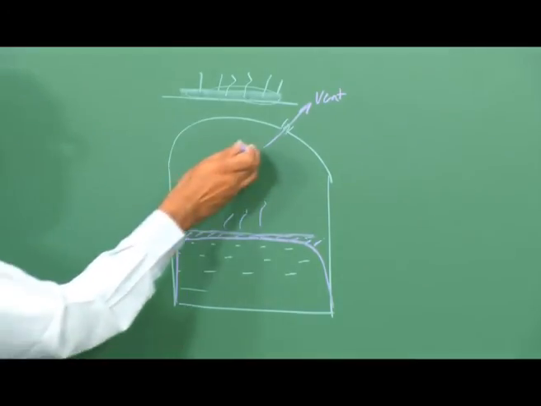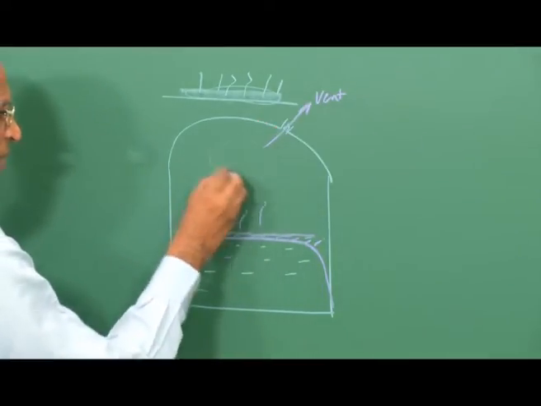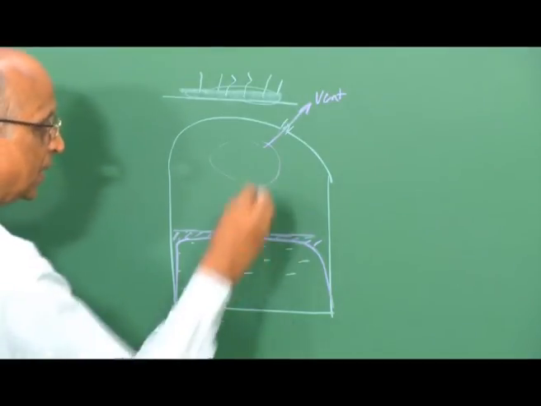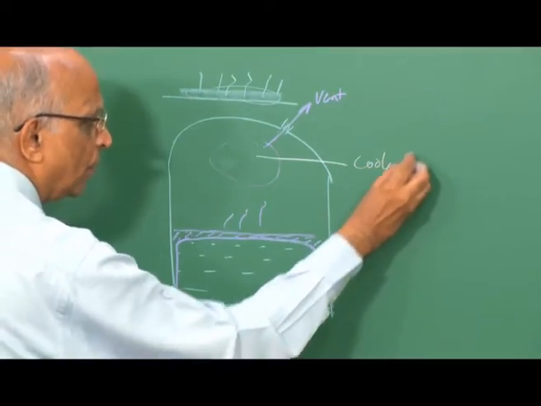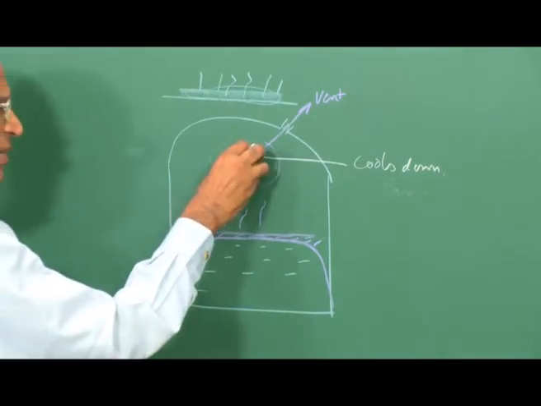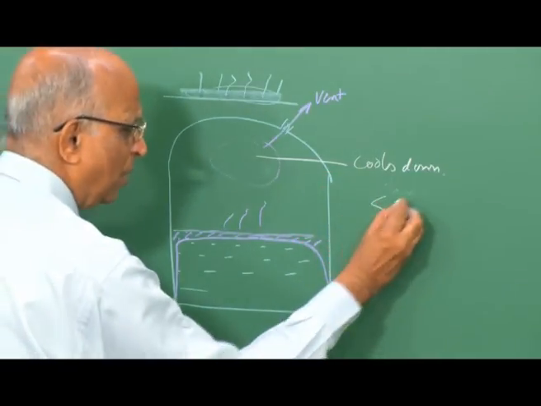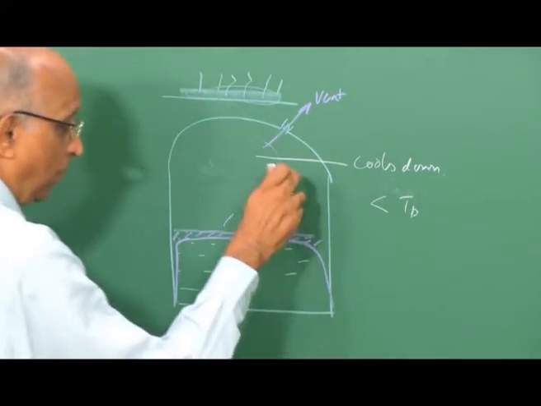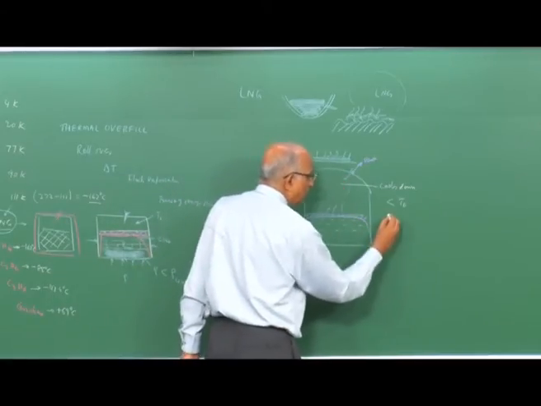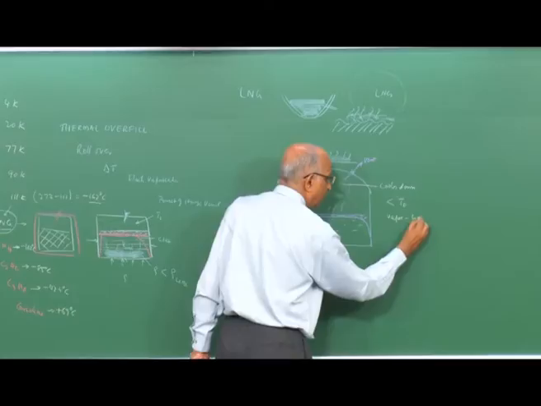When you vent off, supposing there is a sudden venting of gases, what is happening? There is balance gas, and because of the expansion the pressure gets reduced, and the gas over here cools down. It is almost at the saturation temperature corresponding to this pressure, and if it cools down, it is below the boiling point of the vapor at the particular condition of pressure over here, and therefore we expect it should get back from vapor to liquid.